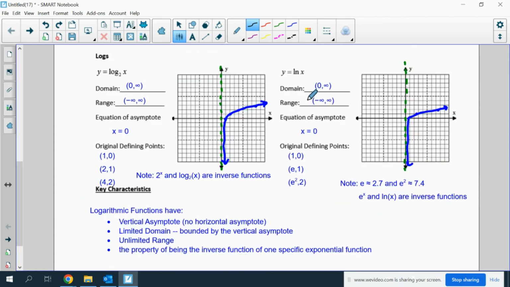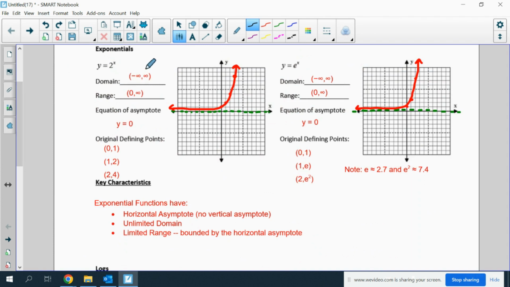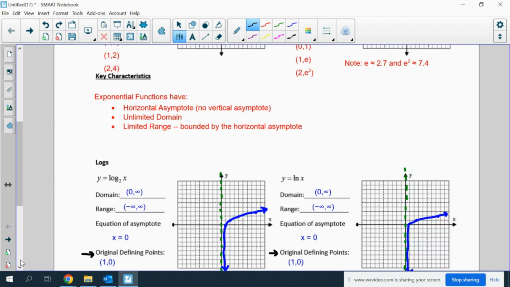For log functions, these are the inverse functions of exponential functions. So what you'll notice is that all of the points that are the defining points of log base 2 of x and natural log of x are just the inverse points of the exponential graphs that we had for 2 to the x and e to the x.